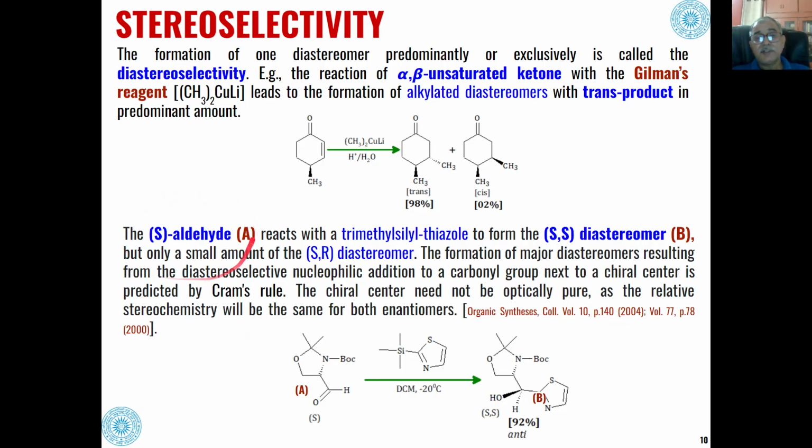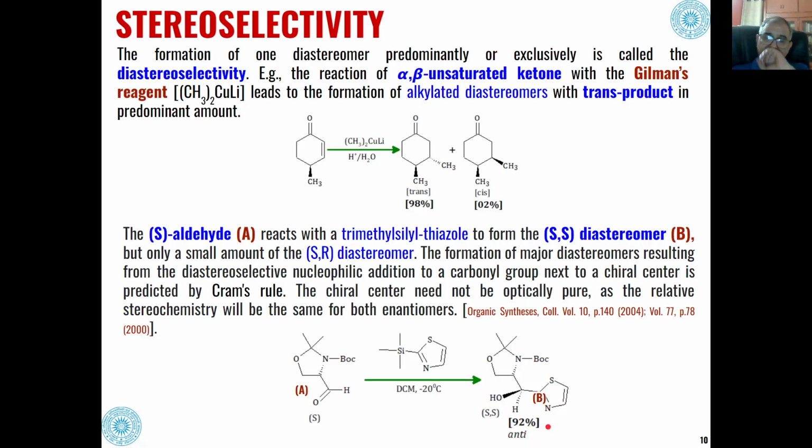Another example is this S optically active aldehyde. If this is reacted with trimethylsilylthiazole to form this SS diastereomer, only this anti diastereomer is formed. The syn diastereomer, that is the SR diastereomer, is formed only in a small amount, whereas this is formed in 92%.